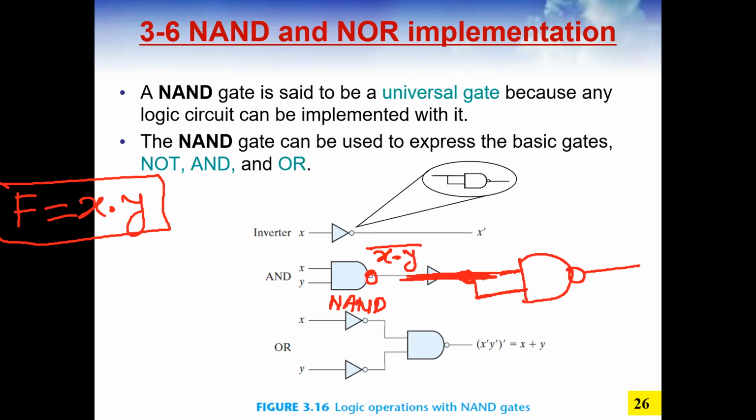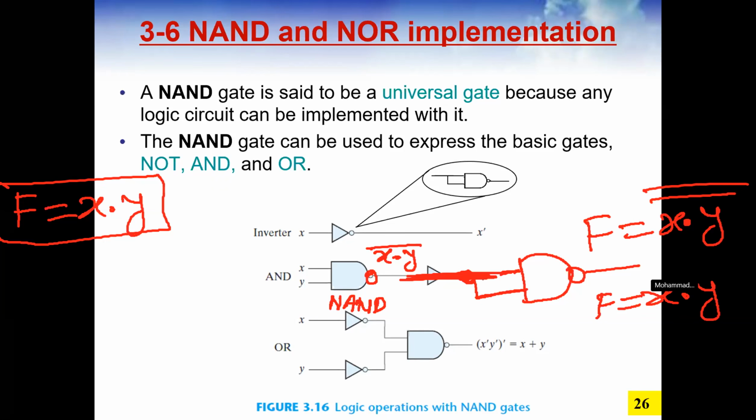So here I am giving (X·Y) complement. So I will be getting, can you tell me? It will give me a double complement, and these complements will cancel each other and I will be getting F is equal to X dot Y. Is it correct or not? Yes.